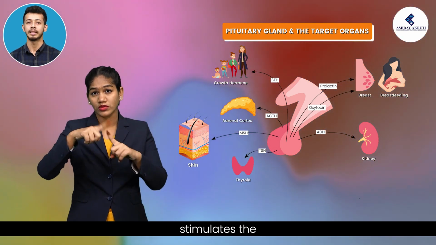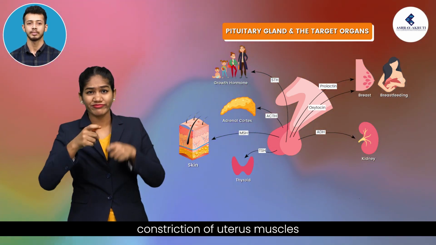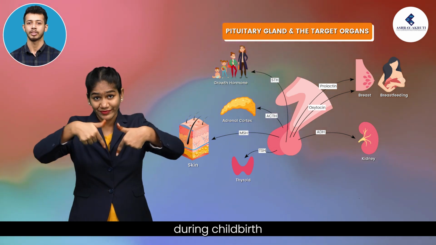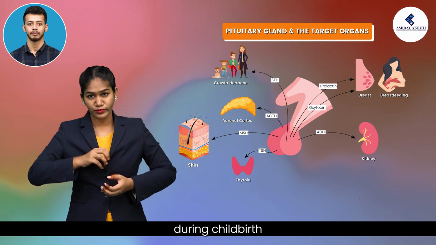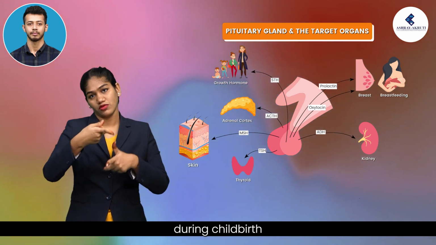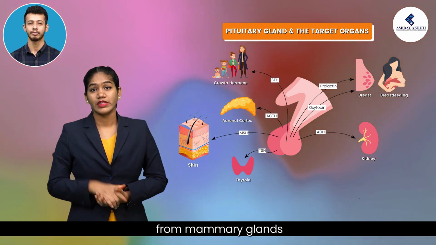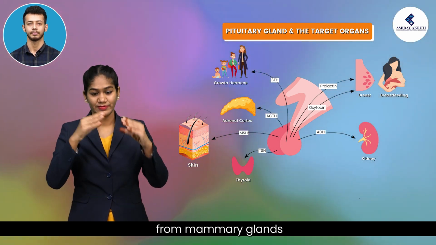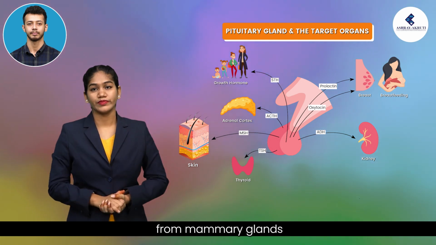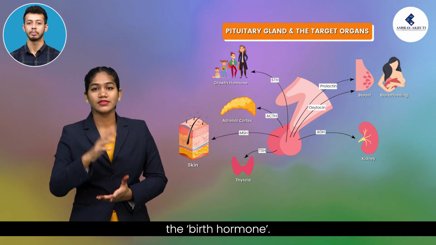Oxytocin stimulates the constriction of uterus muscles during childbirth and the ejection of milk from mammary glands, and is also called the birth hormone.